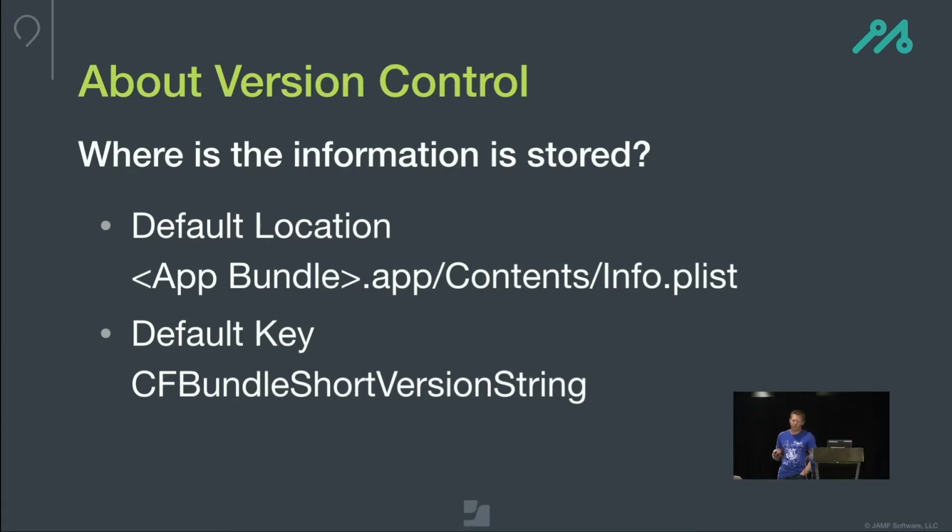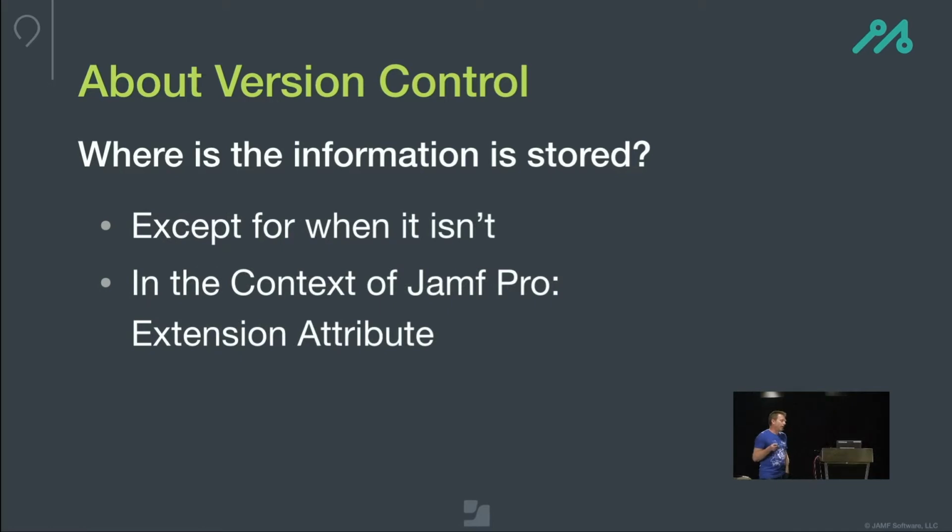So that being said, in the context of Jamf, the best place to look for version information is in the inventory data. The default location the inventory collects the data from is the Info.plist in the application bundle, and it uses the CFBundleShortVersionString, except for when it doesn't.